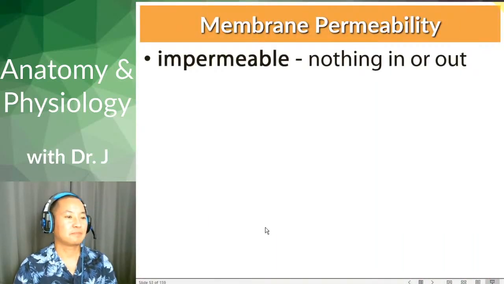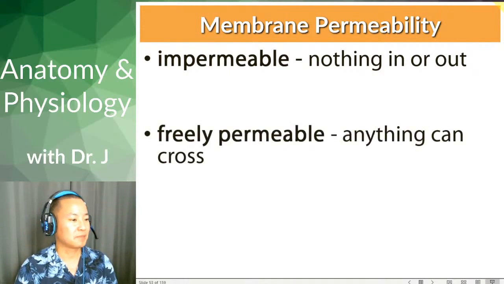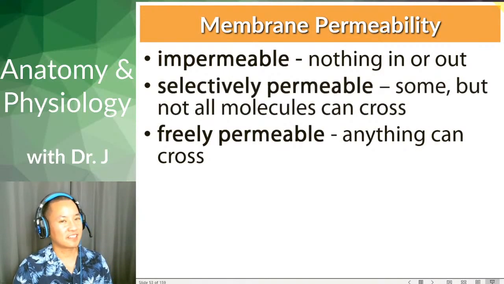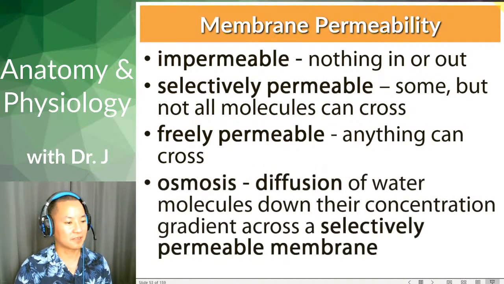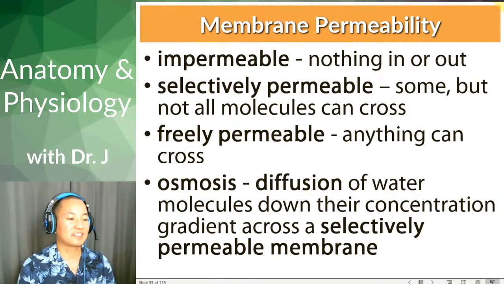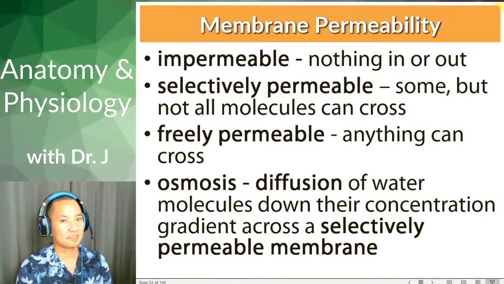Okay, so we talked about membrane permeability: impermeable, freely permeable, and selectively permeable, which is our plasma membrane. Some, but not all, molecules can cross. Osmosis refers to the diffusion of water, and this is where the high to low rule still applies. Often people start to confuse it: is it from a high concentration to a low concentration?